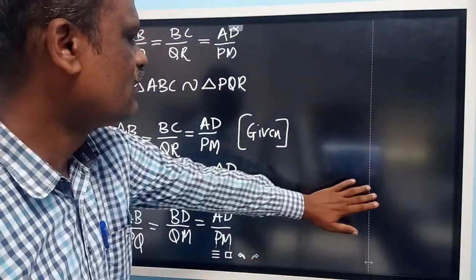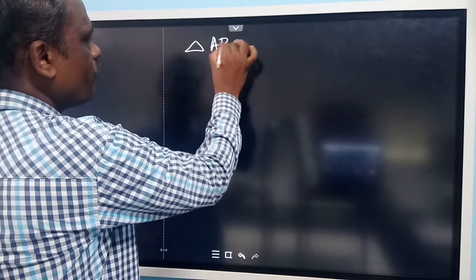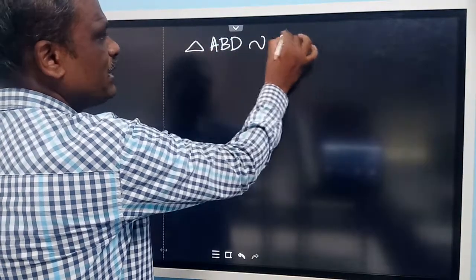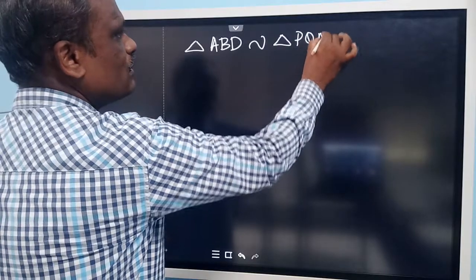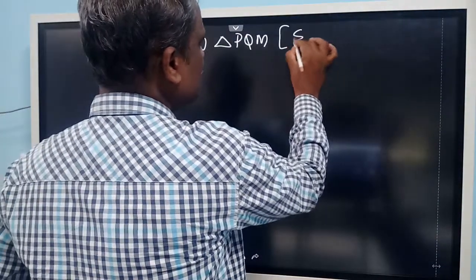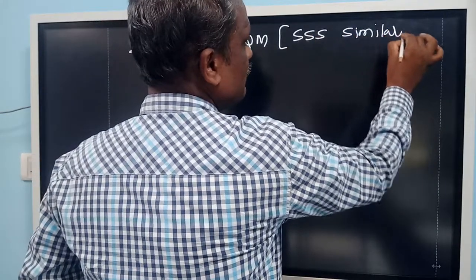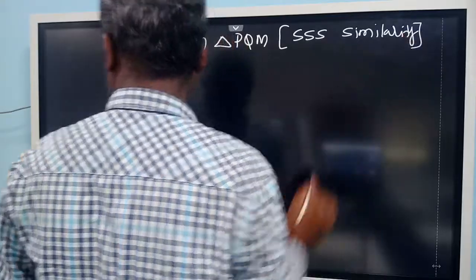Hence I can write triangle ABD is similar to triangle PQM because of SSS similarity.